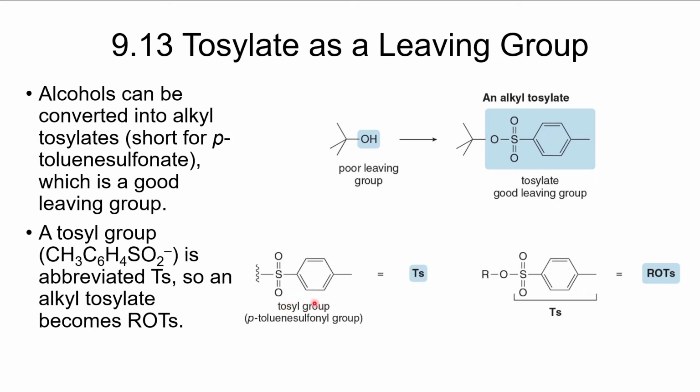So this is tosyl and this is tosylate, right? If you've got the alkyl oxygen and then the tosyl group, that's a tosylate. So, tosyl and tosylate.